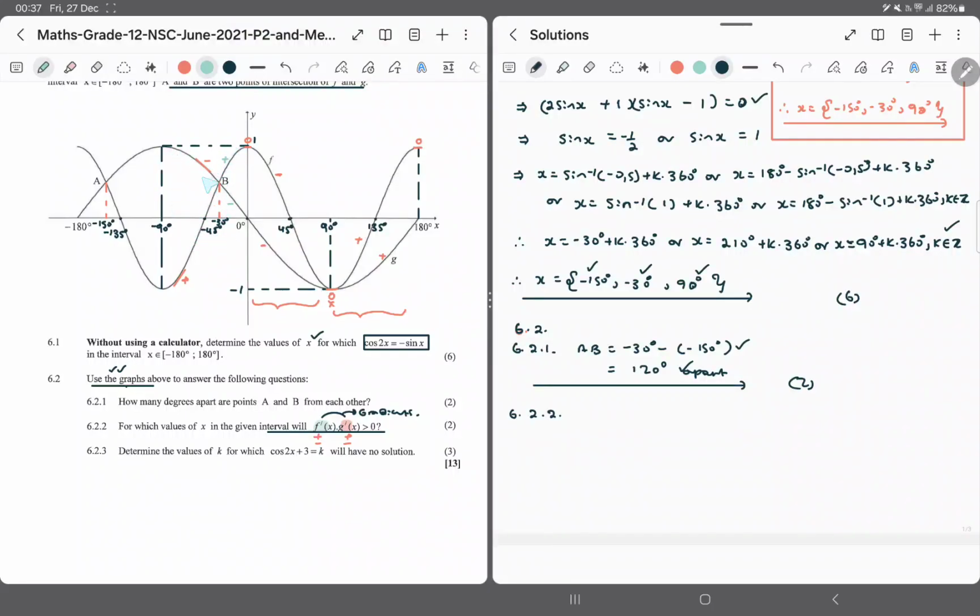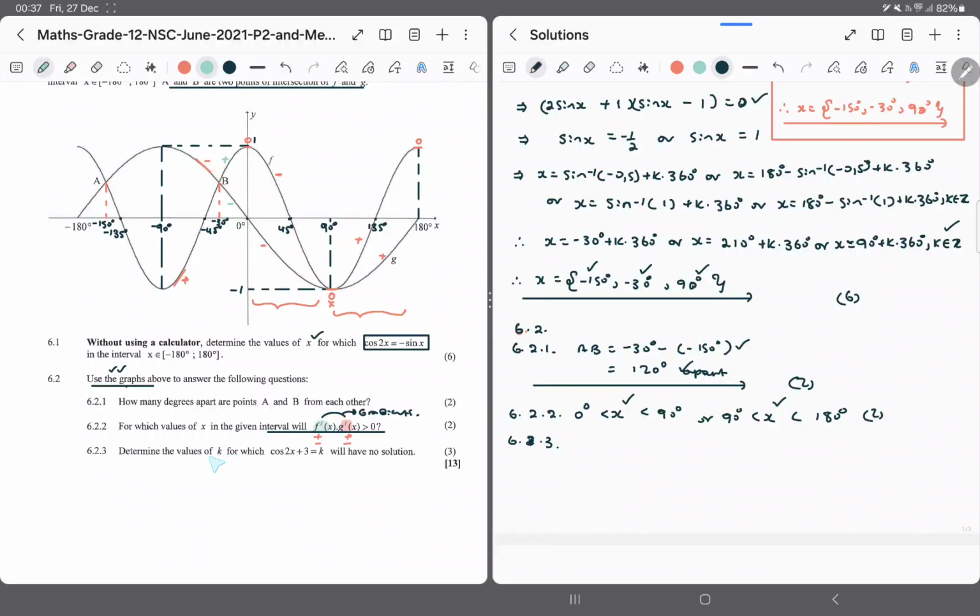And this keeps on happening because the gradients are just not the same. They keep disagreeing. So we don't worry about that side. So we can write our solution that x must be less than 90 degrees, greater than 0 degrees, or x must be less than 180 degrees, greater than 90 degrees. So the most important is that those values must be excluded. Easy, 2 marks.